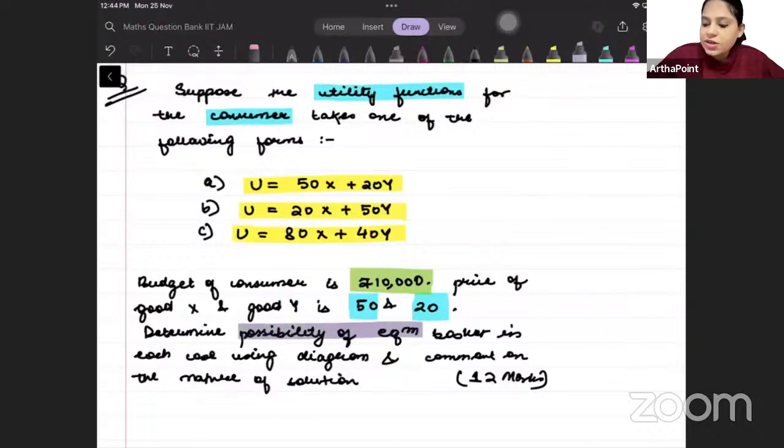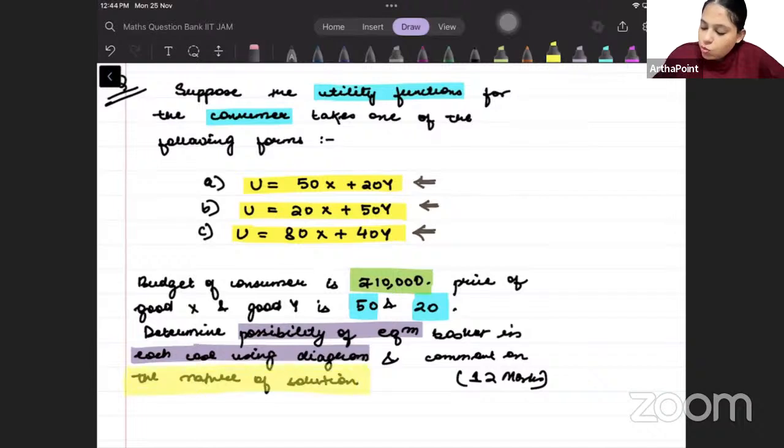You need to find the equilibrium individually for each one. And it says in each case using diagram, which means that you need to use a graph to represent this and comment on the nature of the solution. So you need to tell what kind of solution you are getting.